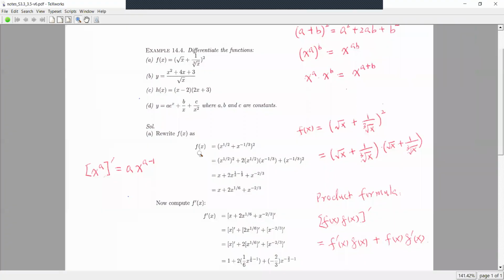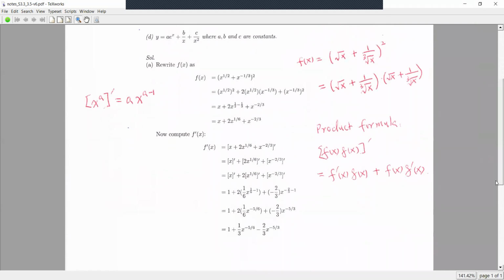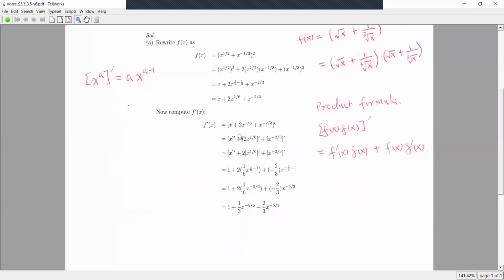After the function is simplified, now compute the derivative of the function. Take derivative on this function. By summation formula, this derivative is the sum of these three derivatives. Move the constant two outside this derivative, then we have this equation.